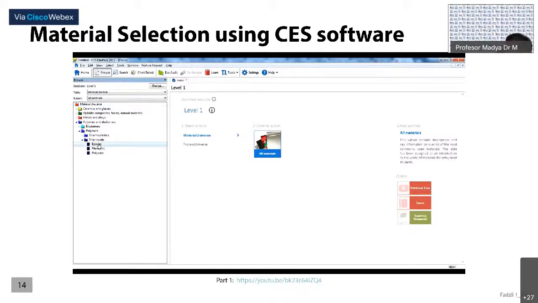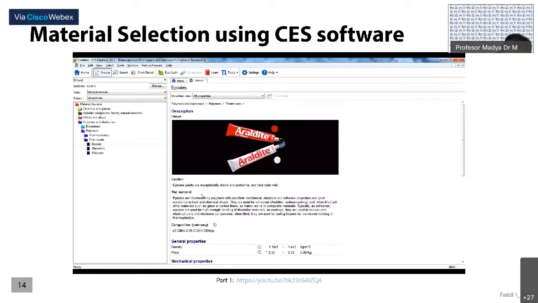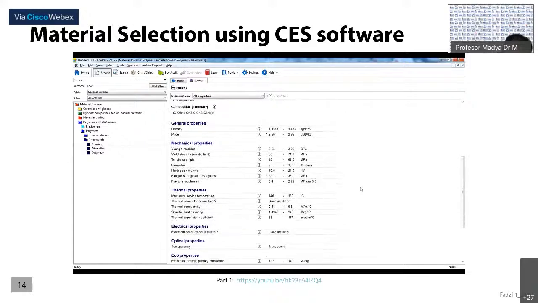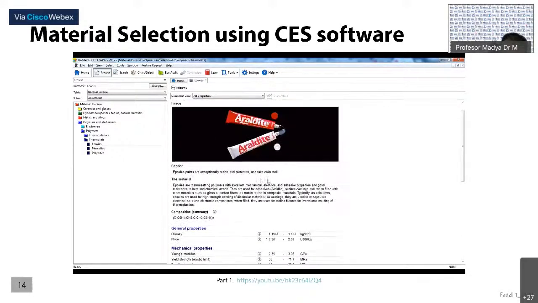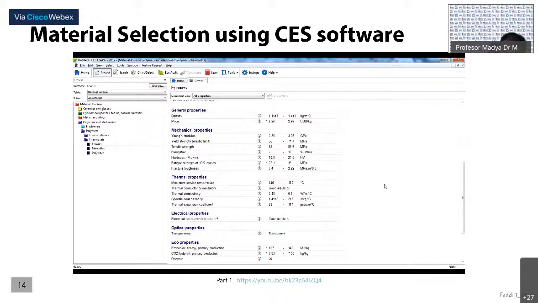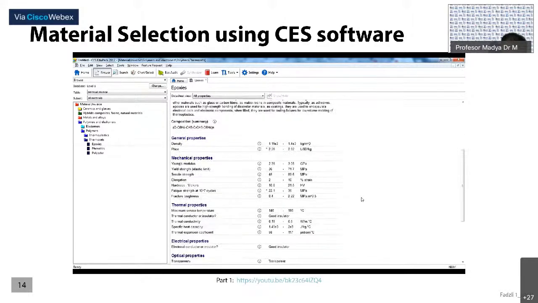Epoxy, so I click on epoxy, and then I have the general description of the epoxy composition, other types of physical and mechanical properties, and the rest of the properties of epoxy listed here. So we can use this information. We even have information about the price of this type of material. In general we have many types of epoxies, so this is taking epoxies in general into consideration.